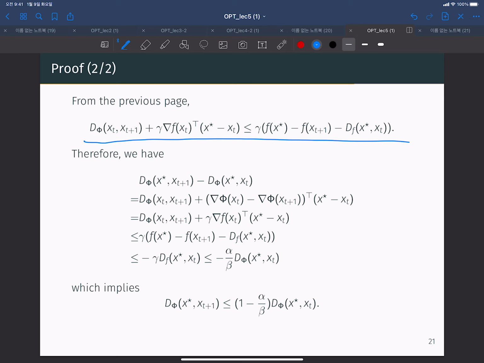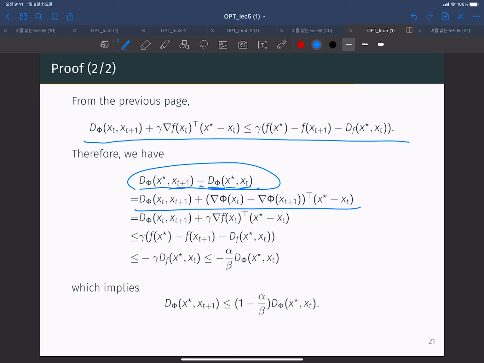Therefore, when we consider the Bregman divergence of x star and x_{t+1}, defined with the pi function, minus the Bregman divergence of x star and x_t, from the definition of Bregman divergence we can rewrite this subtraction as equal to this.